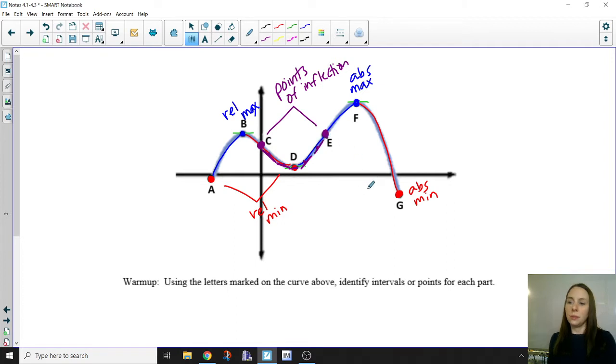So in concave up sections, your tangent line will be under the curve. Another important thing to note is that the values of the slopes of the tangent lines, in other words, the derivative values, are actually increasing as you move left to right in a concave up interval.